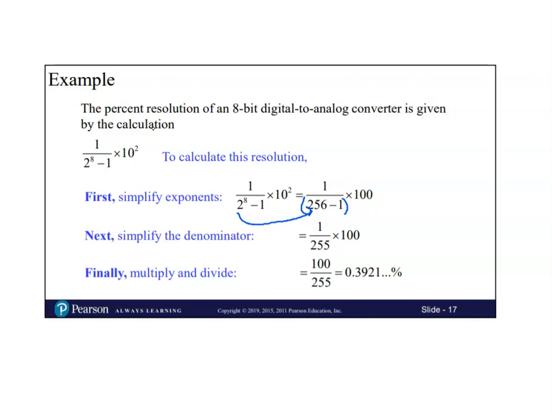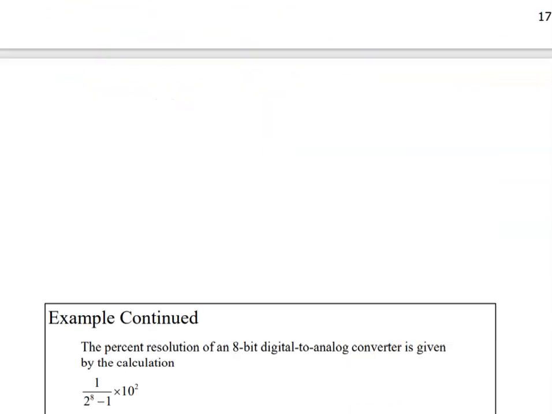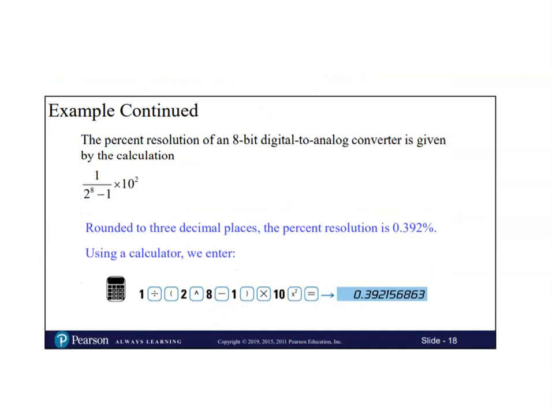Now we could just type in 1 over 255 times 100, and we would get 0.3921. They've got an example of how to type it in the calculator down here.